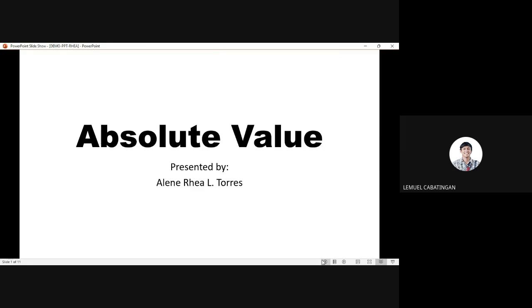So, for example, the absolute value of 3 is equal to positive 3, or the absolute value of negative 3 is positive 3. That's all.